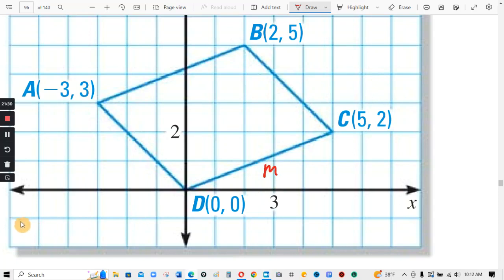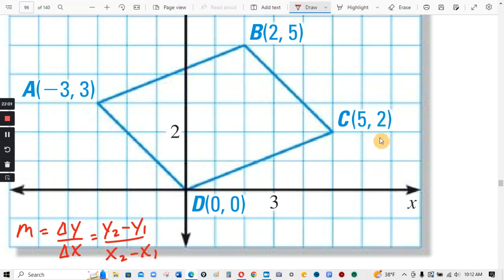If you remember the formula for slope, it's change in y over change in x. I'm going to do the slope on each one. Going the same way on both of them, remember, it's y2 minus y1 over x2 minus x1. You have to do it the same way.